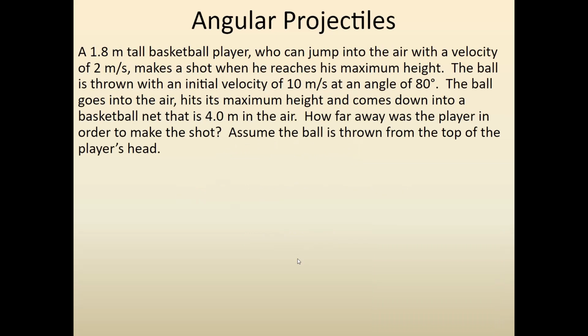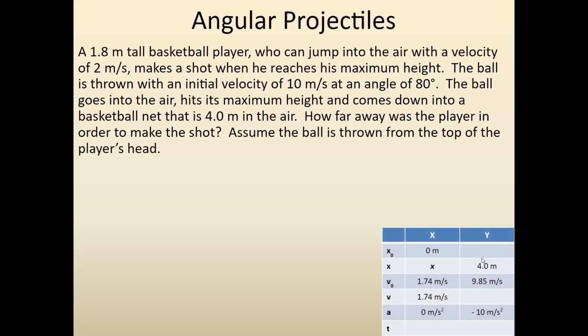All right. Now, this is the last question, and it is probably one of the more tricky problems. So pause the video, work it yourself, and we'll go over it in a second. Now, like I said, this one's really tricky because before I can actually fill out the XY chart, I need to figure out where the ball is being thrown. They tell us that the basketball player is 1.8 meters tall.